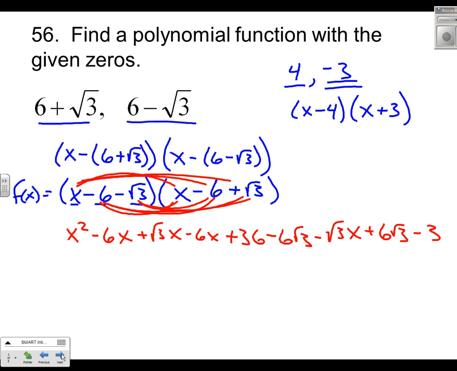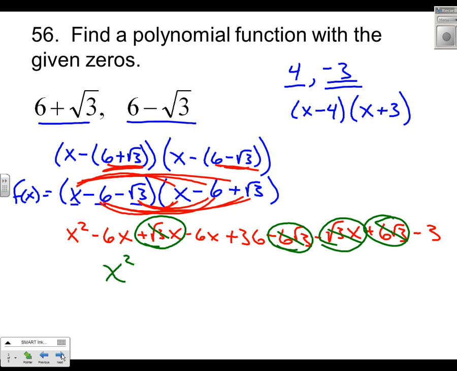And because we have this conjugate working here, I expect some good things to happen. So what happens? I'm going to bet we got to cancel for that. We do. I'm going to bet we have a cancel for this. We do. So I'm left with x squared.